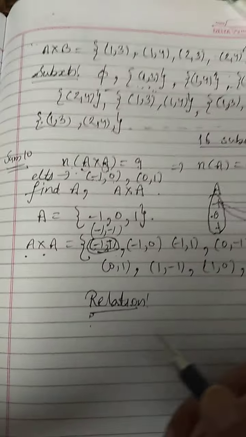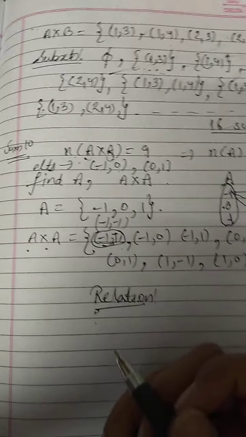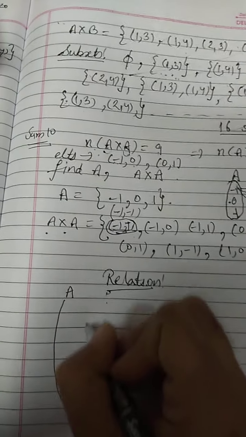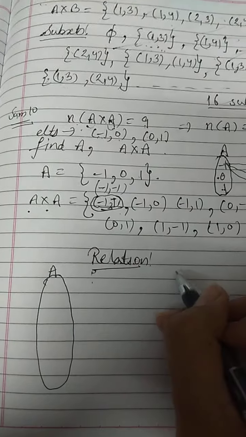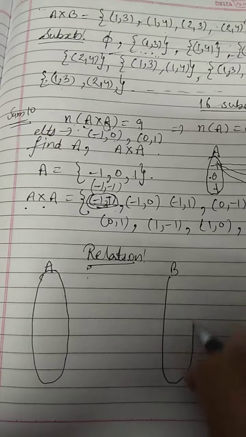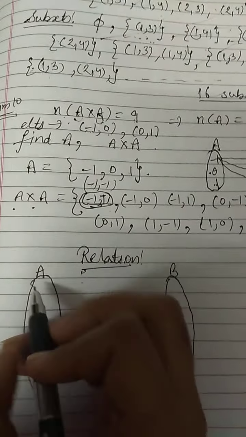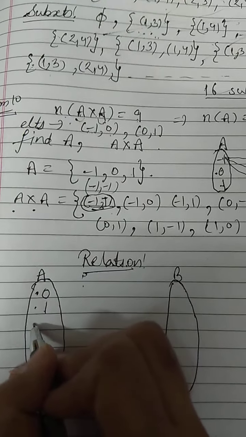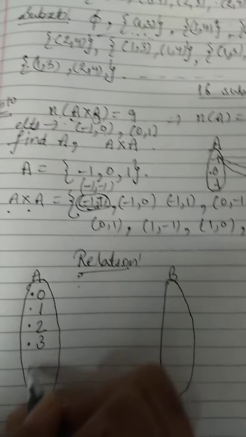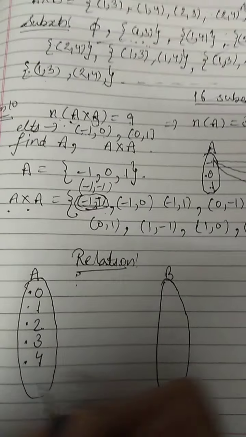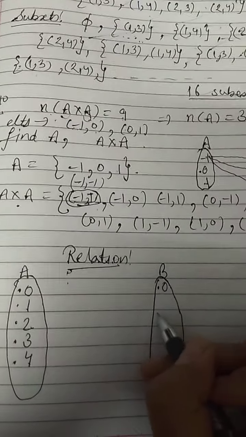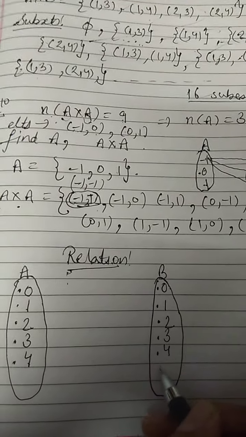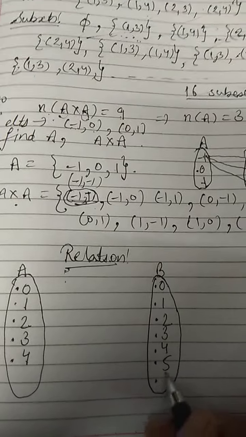Okay, so let me start with one simple thing. Let me consider two sets, set A and set B, and we are going by arrow diagram presentation, right? So let us take here 0, 1, 2, 3, 4, and here also 0, 1, 2, 3, 4, 5 and 6.